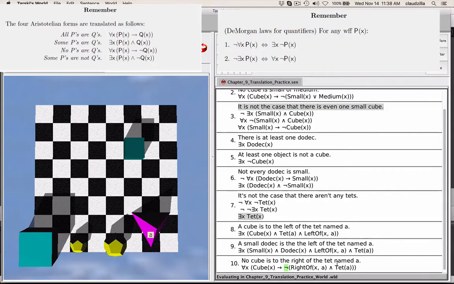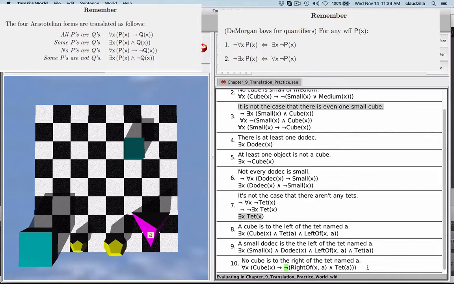What if we said neither? Well, we would be rejecting the claim that A is a tet, and we would also be saying that it's not the case that that entity is right of A. So we don't want to make that sort of claim.